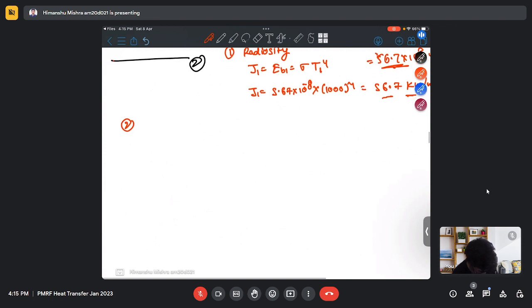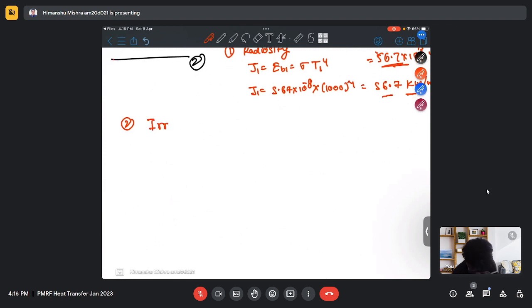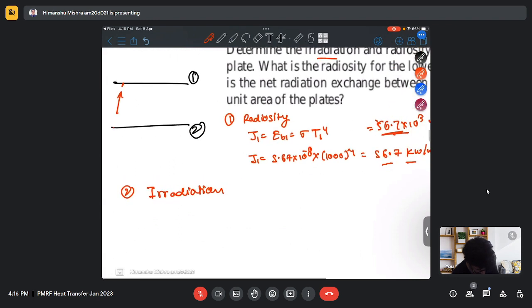To calculate the irradiation, surface 1 has temperature 1000 Kelvin, and surface 2 is 500 Kelvin.